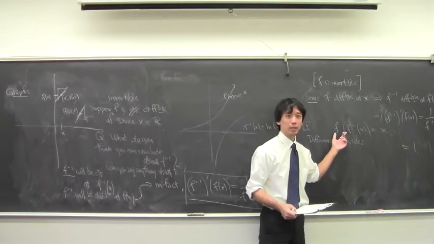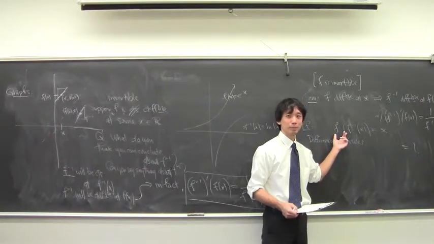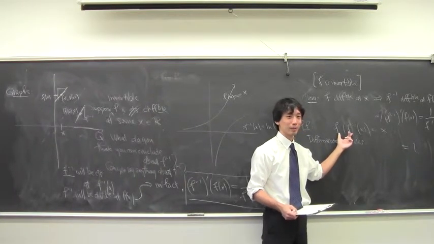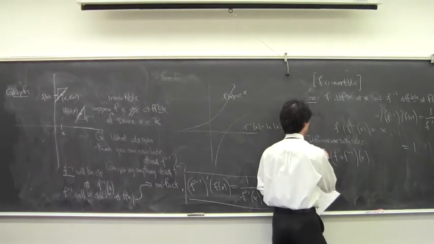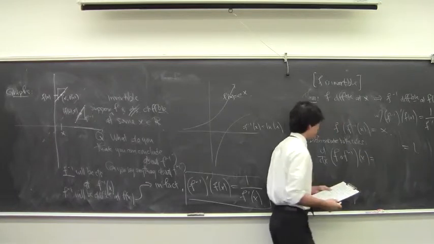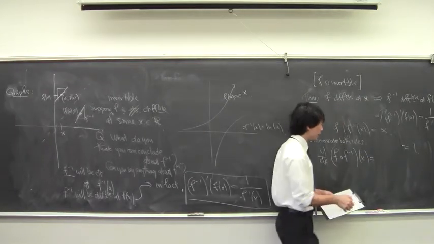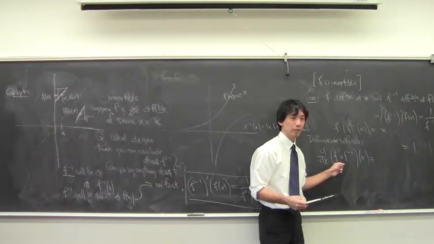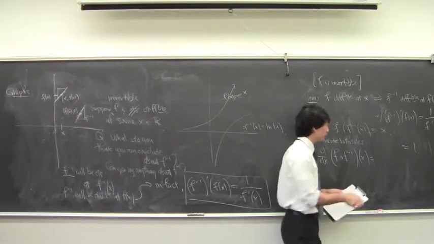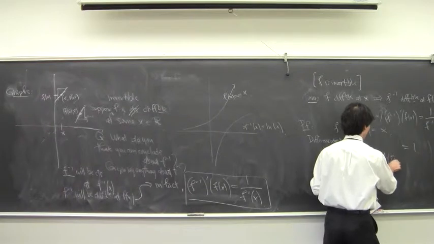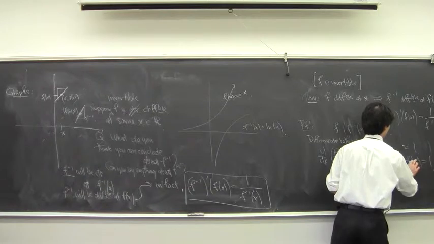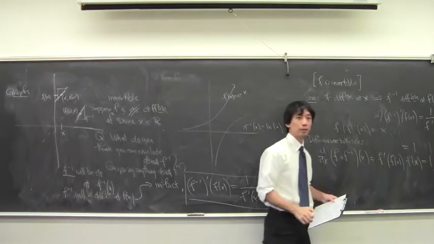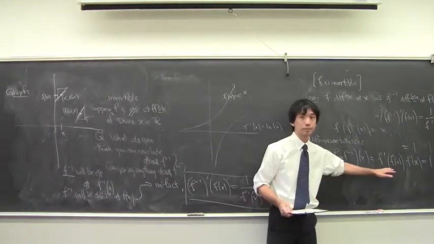When I differentiate the composition here, what do I get? Amani, what do I get? It's a composition, f composed with f inverse of x. You differentiate it by the chain rule: you get the derivative of the first guy evaluated at the second guy, times the derivative of the inside guy.